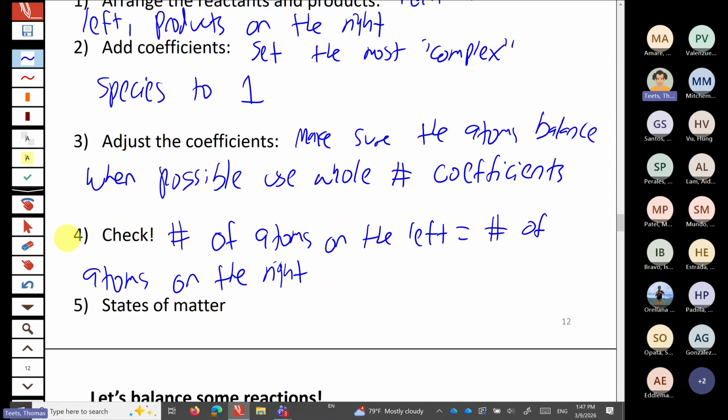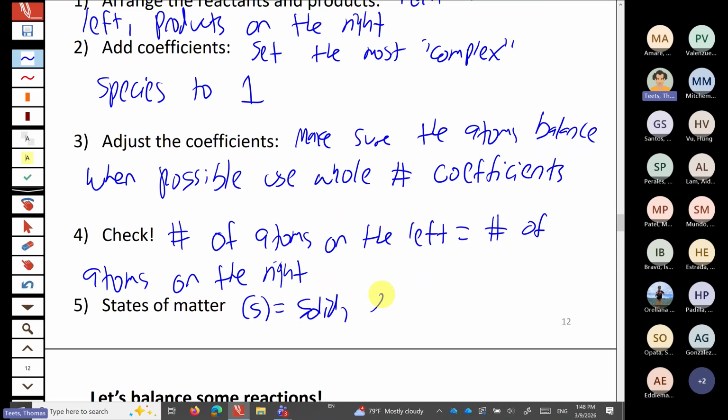Now, something else you will sometimes see in chemical equations, it's not a huge deal right now, but if you see this, I don't want you to be confused by it, is that a lot of times in a chemical equation, each reactant or product will have its state of matter indicated. So you'll have a letter in parentheses after the reactant or product that tells you what it is in terms of its state of matter.